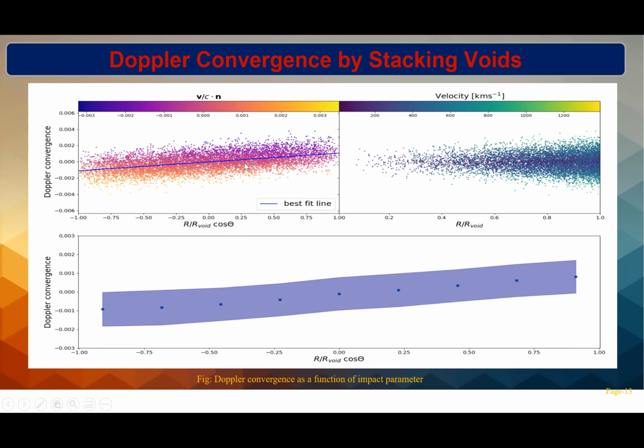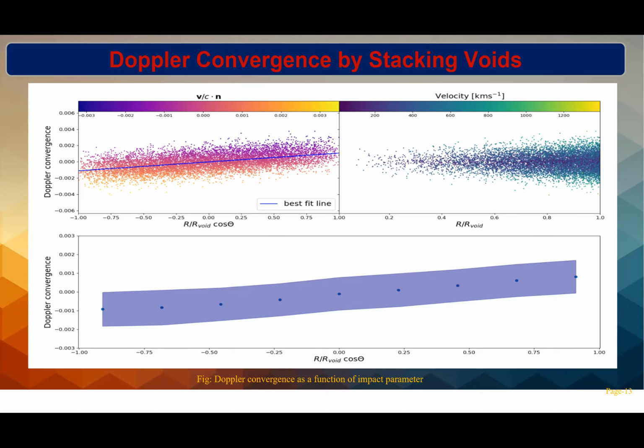But we have observed higher values of the Doppler convergence at the edge of the voids because the velocity distribution is higher there than in the center, because the Doppler convergence is proportional to the velocity of the source galaxies.